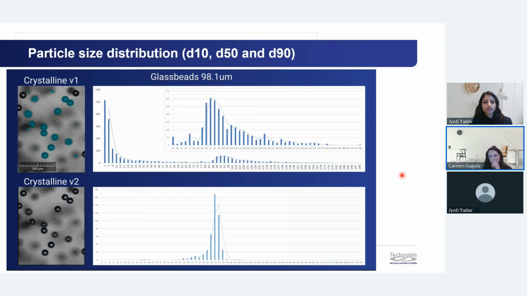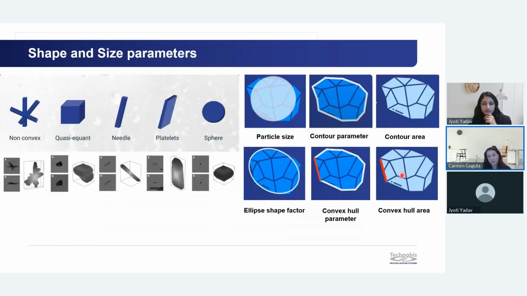What we have seen during our experiments and also during the interaction with our beta customers some time in the past is that in some cases, depending on the shape of the crystal, the AI does a very good job. In other cases, the blob detection, and in other cases, the combination of the two.